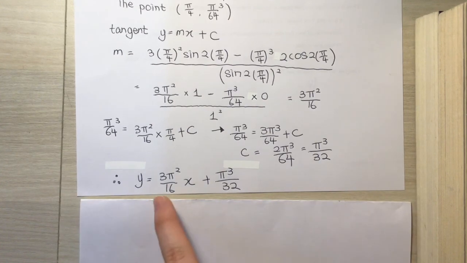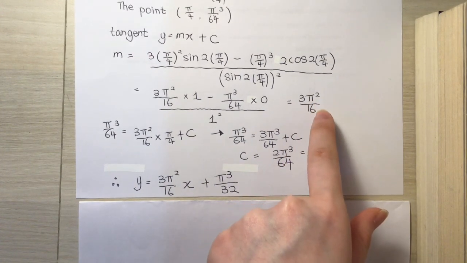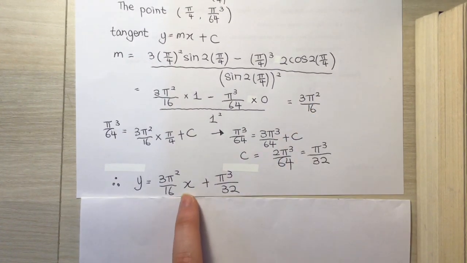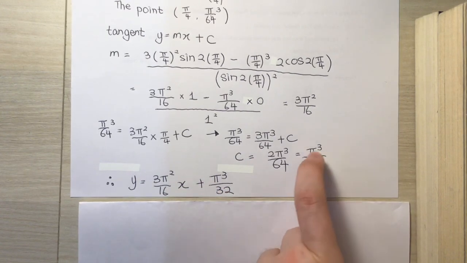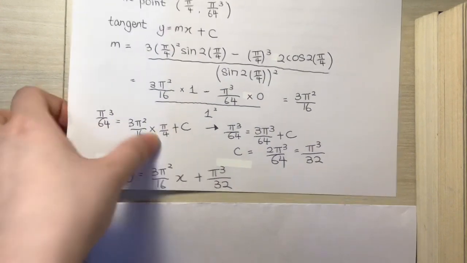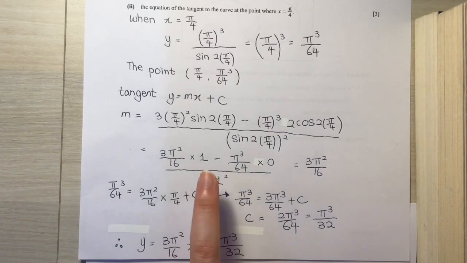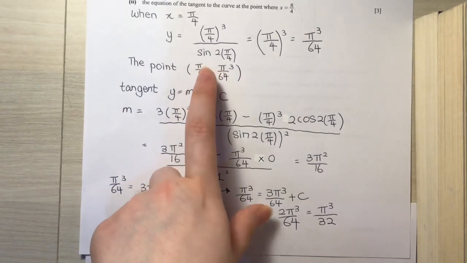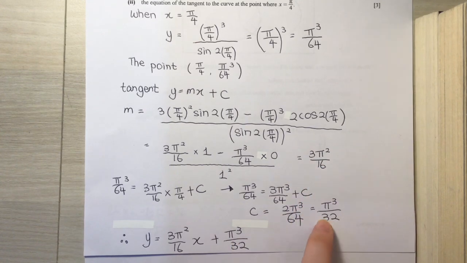You may rewrite your equation: y equals your m, 3 pi squared over 16, multiplied by x, plus your c value that you found. This is how you approach this 3-mark question, where the marks will be awarded when you find your correct point, your correct gradient for the tangent, as well as your c value.